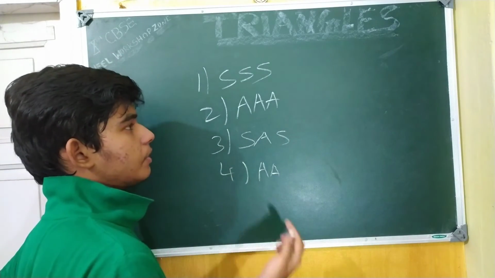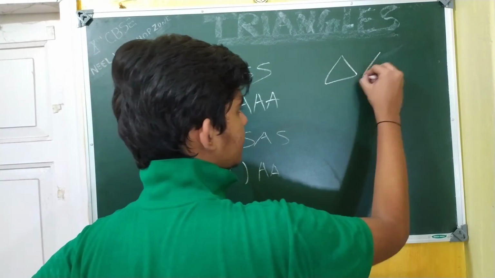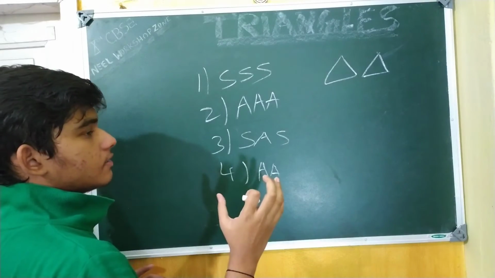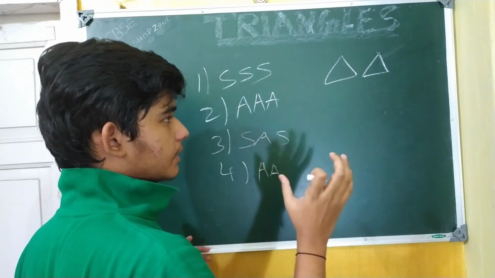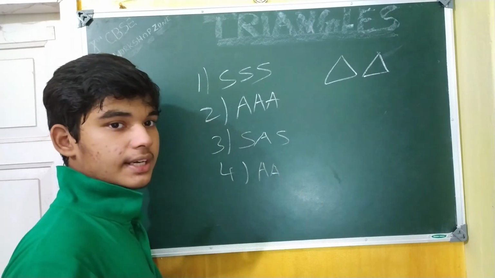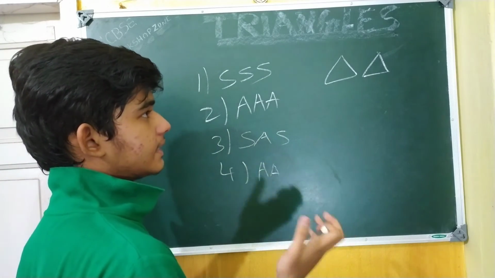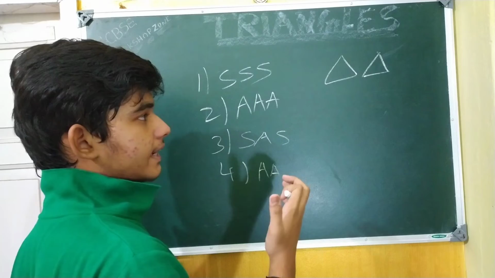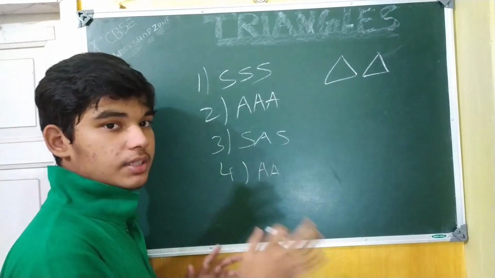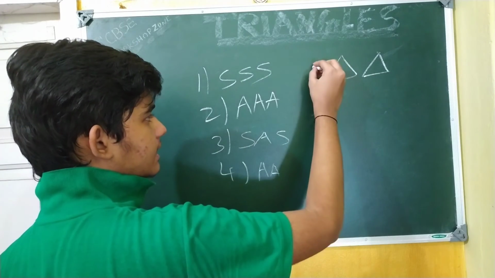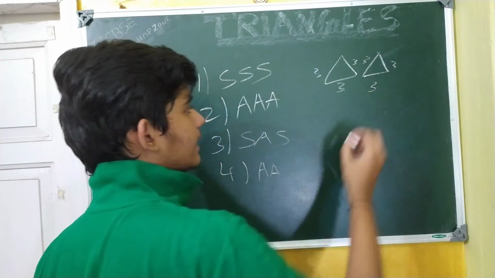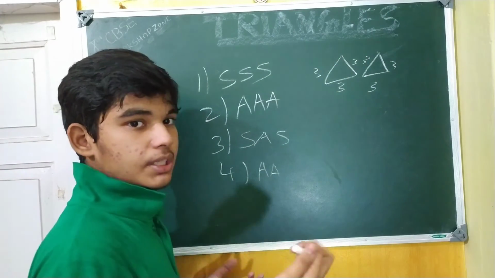So like I was talking about, SSS is basically side, where if two corresponding triangles are there, and in the corresponding triangles, if the corresponding sides are in the same ratio proportion, then the corresponding angles will also be equal, making them similar triangles. So for example, if the sides are equal in both of these triangles, then the corresponding angles will also be equal.